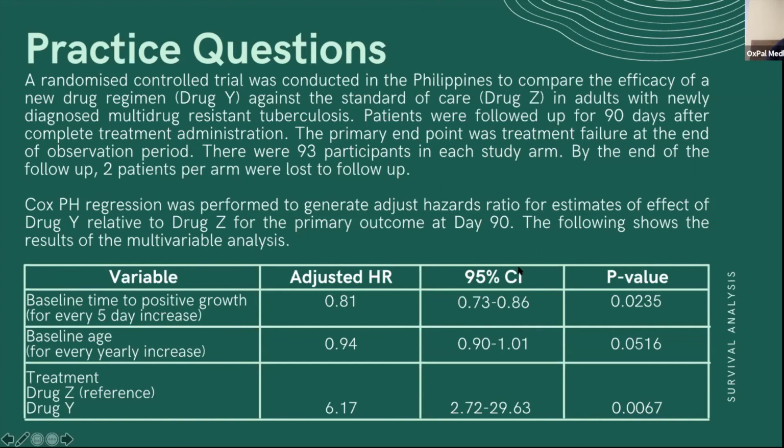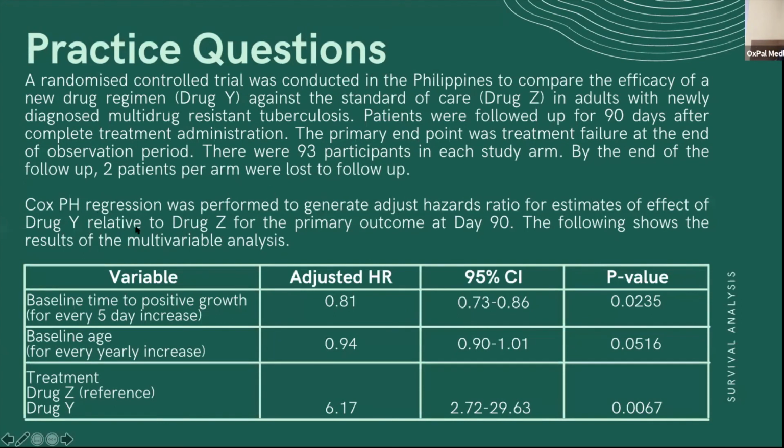The primary endpoint was treatment failure at the end. There were 93 participants in each arm, and by the end of the follow-up, 2 patients per arm were lost to follow-up. These were censored, 2 each. So it doesn't seem big enough to significantly affect the results.